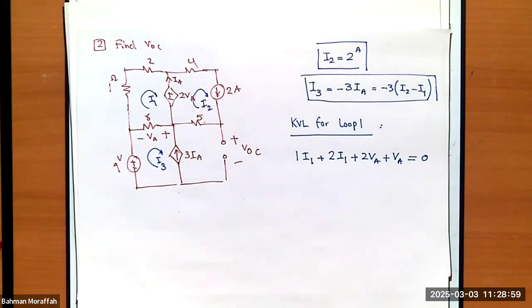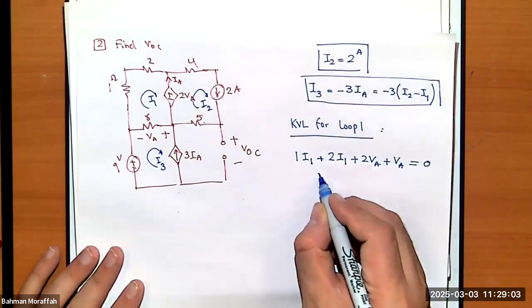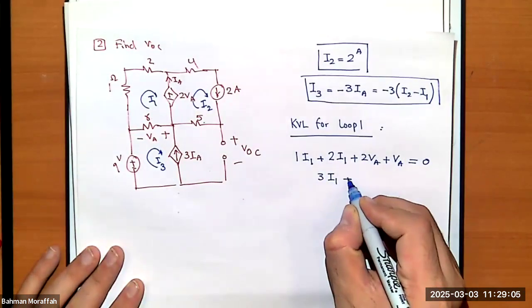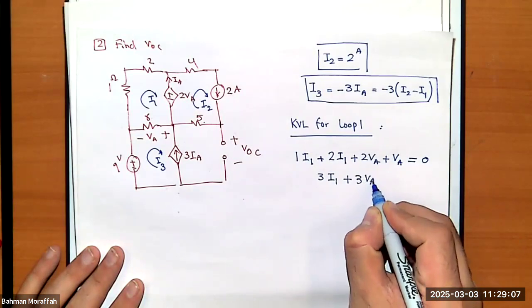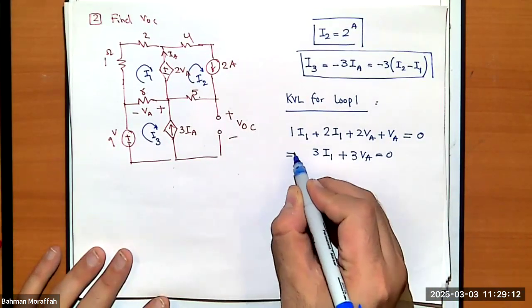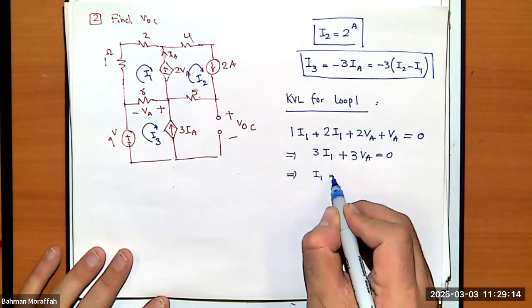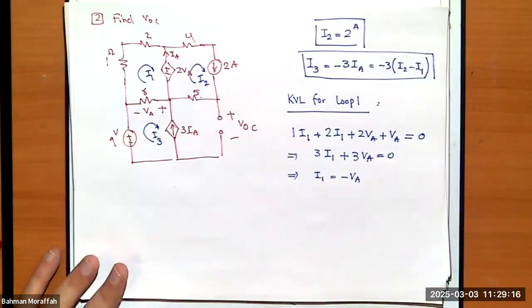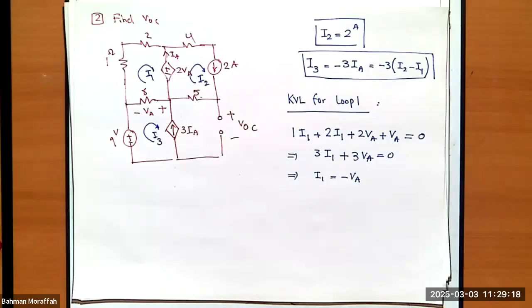Right? What does it tell me? It tells me 3 times I1 plus 3 times VA is 0, or I1 is negative VA. Right?